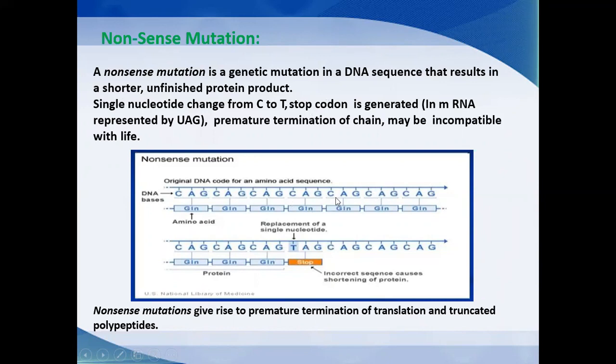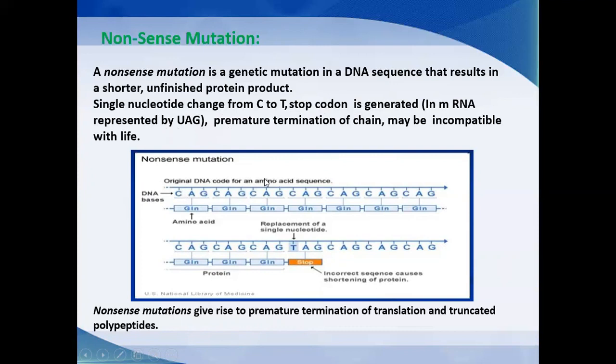But during the replication process, a mutation suddenly takes place in the DNA molecule by nucleotide change or replacement. A single nucleotide change from C to T, and a stop codon is generated in the mRNA, represented by UAG. This causes premature termination of the chain and may be incompatible with life.